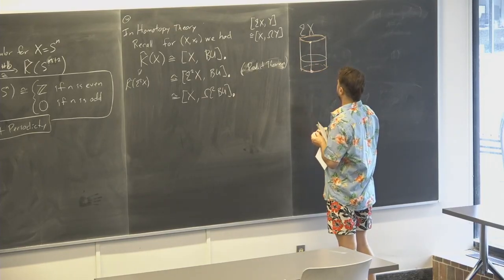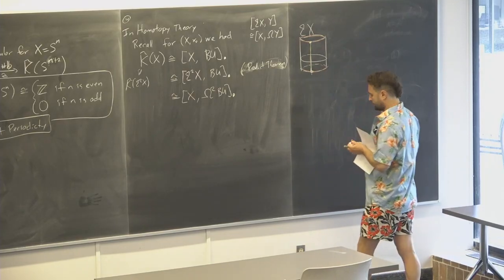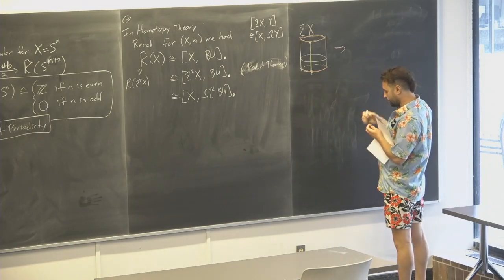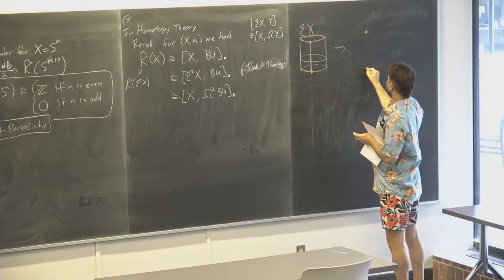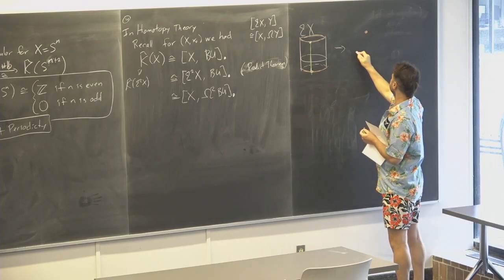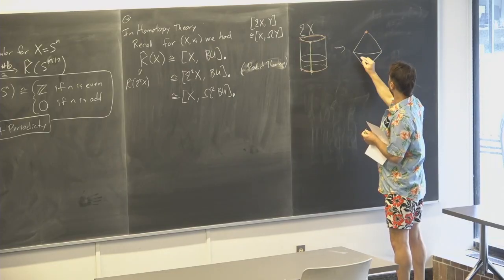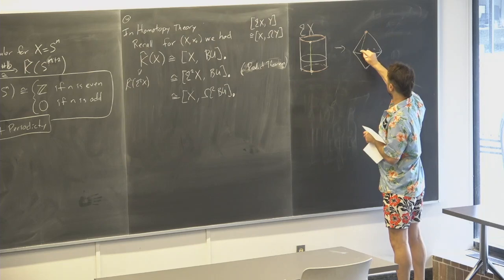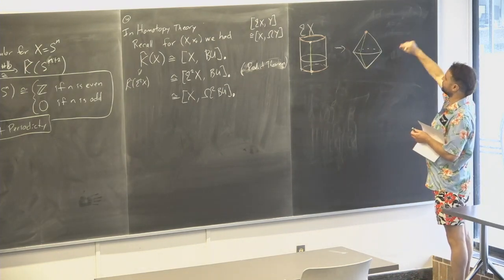It's not really going to matter because they all get mashed together anyway. In our quotient map, I'll do it in two stages. First stage is we pinch the top and bottom, and we still have our line going through the base point of X. And then the next stage is we pinch down that line.